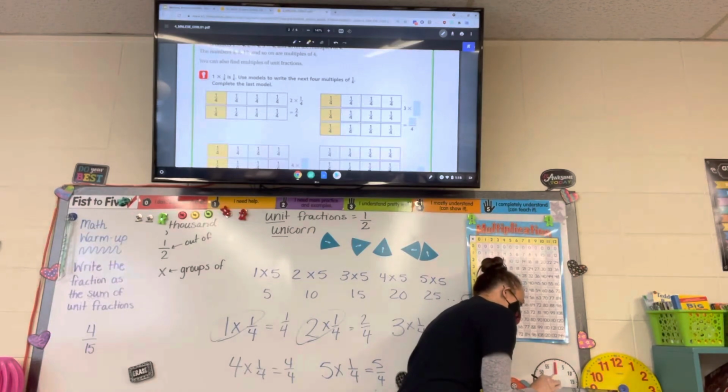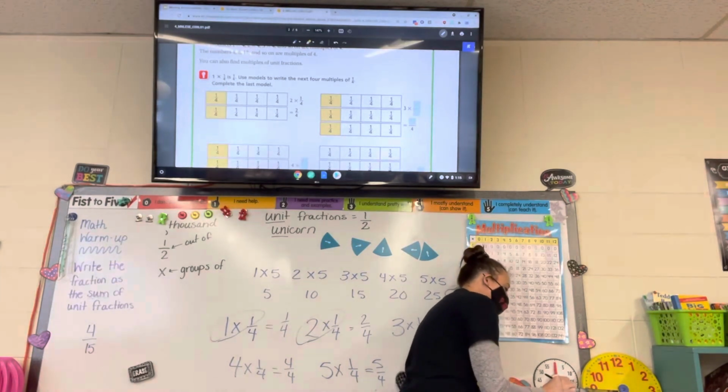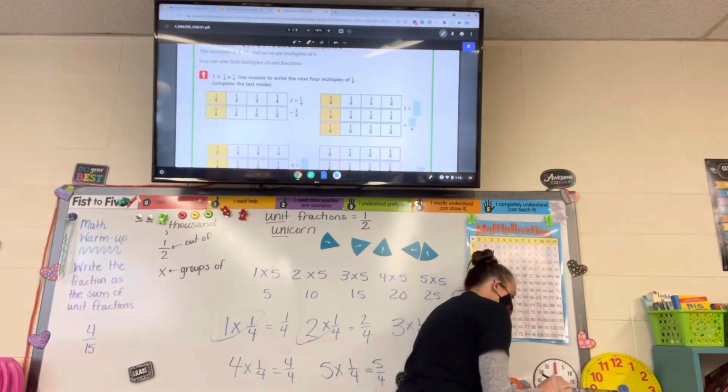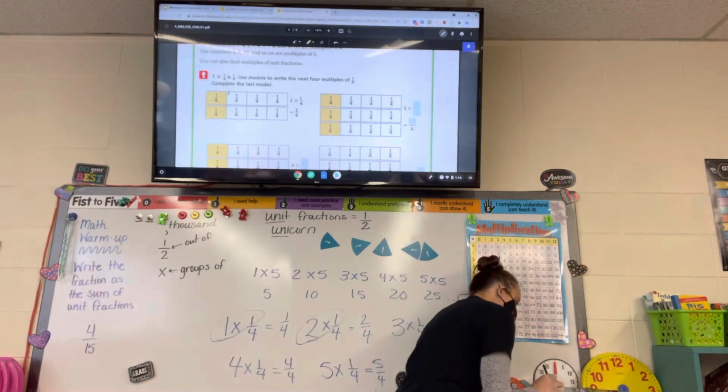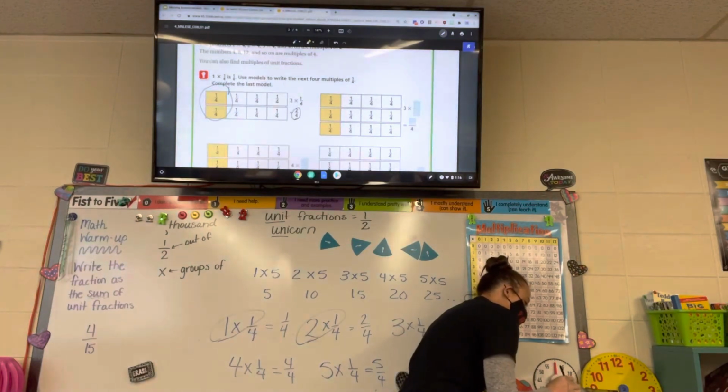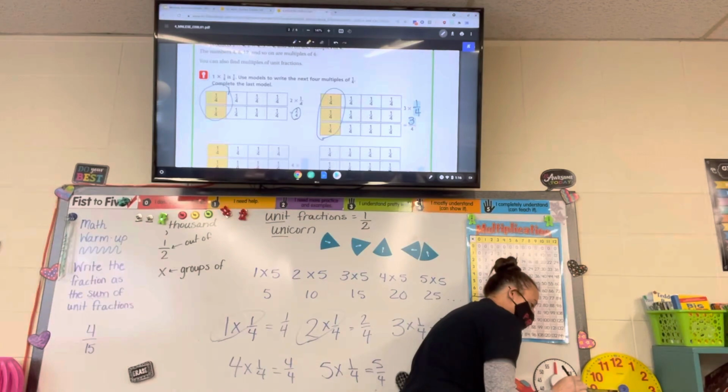So it says 1 times 1/4 is 1/4. Use models to write the next 4 multiples of 1/4. Okay, so here they've got 2 times 1/4, which is 2/4. 3 times 1/4 equals 3/4.